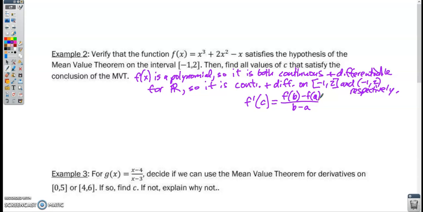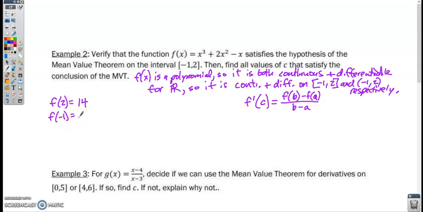Okay, so in order to do this, I need the function value at both endpoints. f of 2: if I substitute 2 in here, that's 8 plus 8 minus 2. f of 2 is equal to 14. Did I calculate that right? And then f of -1.